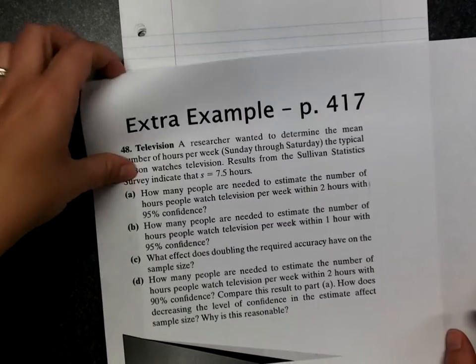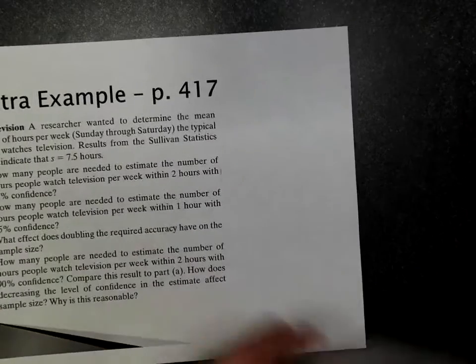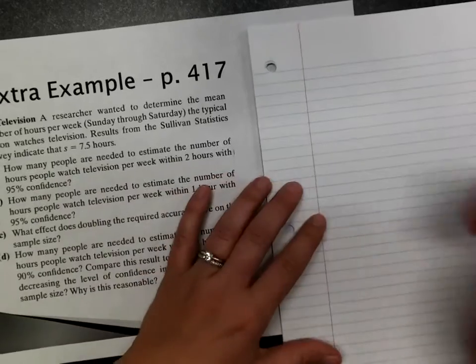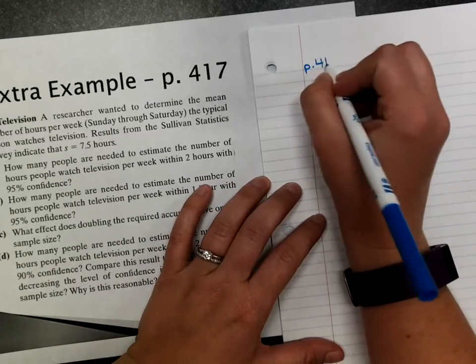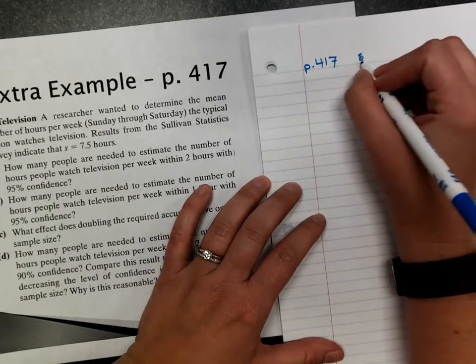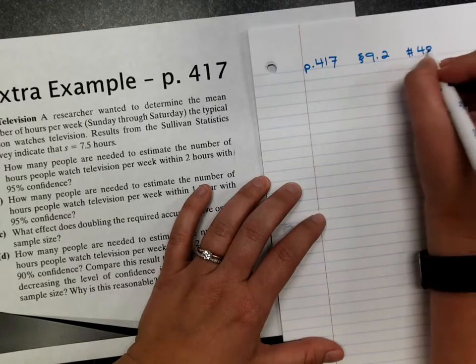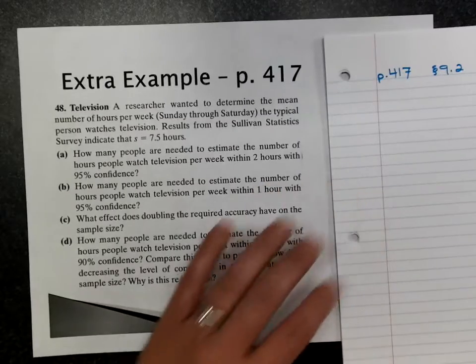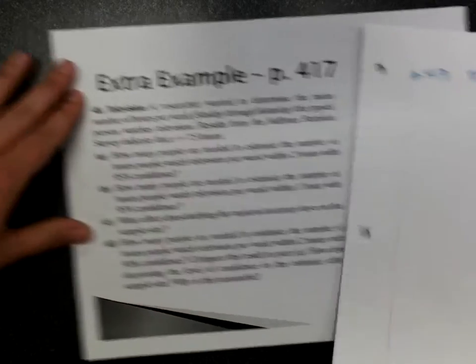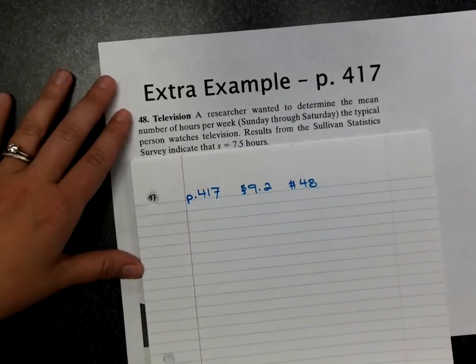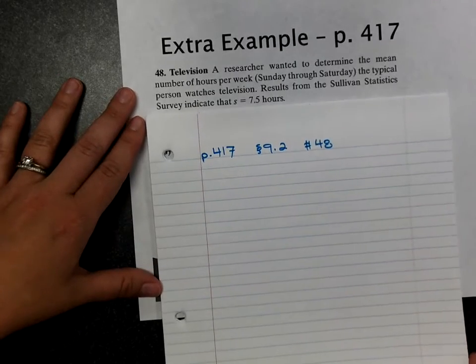And I have an extra example for this one. It's from page 417. It is in section 9.2, and it is question number 48 about television. So it says a researcher wanted to determine the mean number of hours per week, Sunday through Saturday, the typical person watches television.